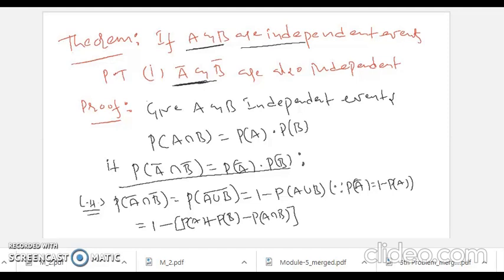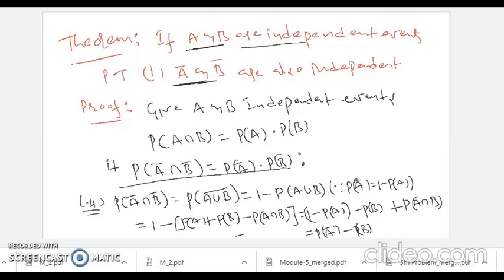Now it is equal to 1 minus P of A, that is one group, multiply the minus inside, minus P of B, and the last one plus P of A intersection B. From that, 1 minus P of A can be written as P of A bar clearly, minus P of B. Here, given the condition that P of A intersection B is equal to P of A into P of B. Why?